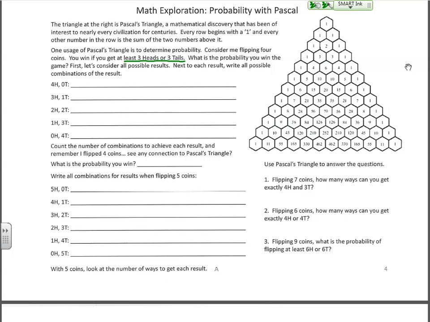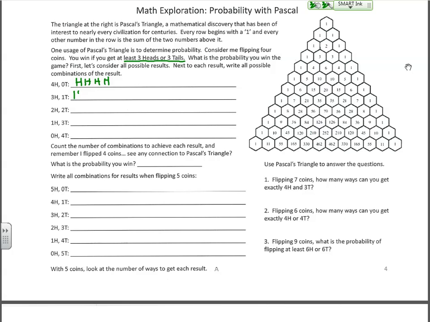So how many ways are there, flipping 4 coins, to get 4 heads and 0 tails? Just one way, right? Getting 4 heads and no tails is the only way for that outcome to happen. How many ways are there to get 3 heads and 1 tails? 4, right? Because it depends on when that tails pops up.